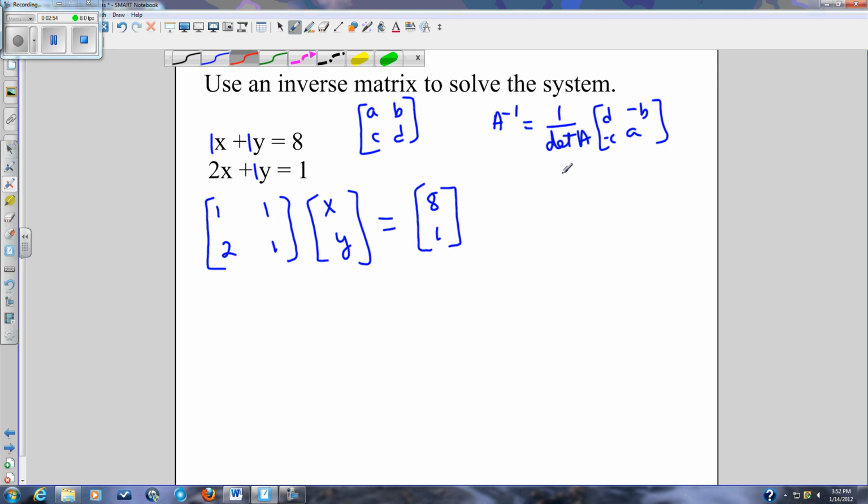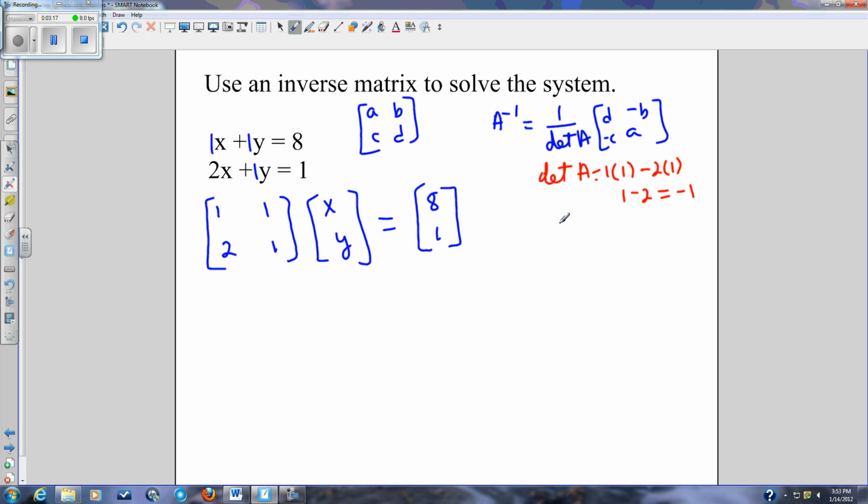If we find the determinant of A, remember we do that by taking 1 times 1 minus 2 times 1. So we end up with 1 minus 2, which is -1.